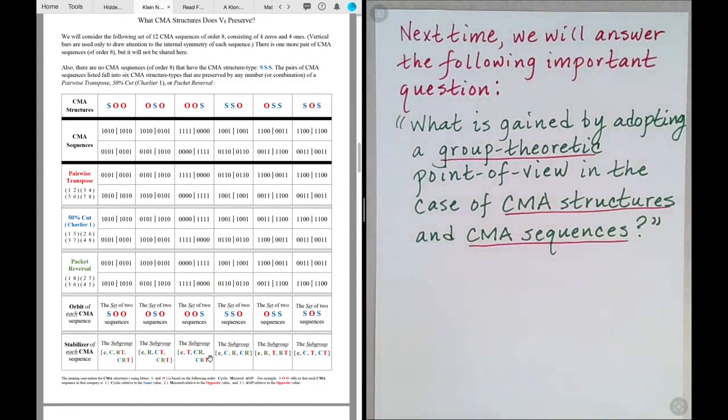Okay, because it's required quite a bit of work to bring in group theory, which is fairly sophisticated mathematical machinery. What is that bringing to the table that we didn't have before in our study of CMA structures and CMA sequences?